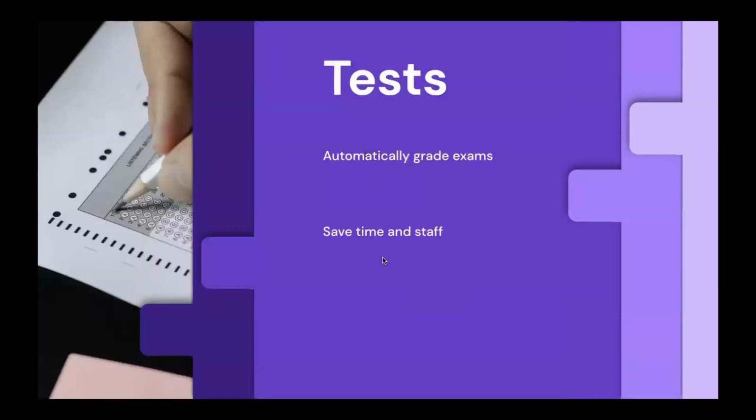It's also very commonly used in tests. Starting out with the small, where you just fill in a little circle, it's easy to detect, but also generalizing to where you write a letter or maybe some text, and used to automatically grade exams. Something, for example, Cambridge English tests use to really speed things up. It's a type of test that grades non-native English speakers on English for university applications or immigration.